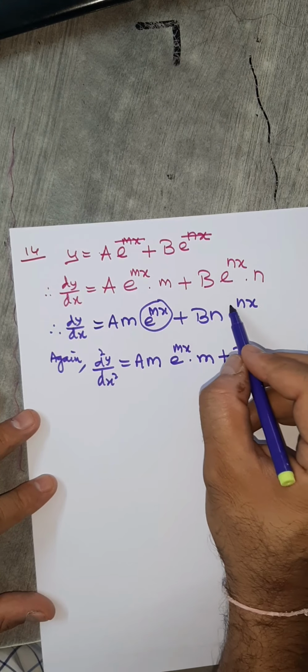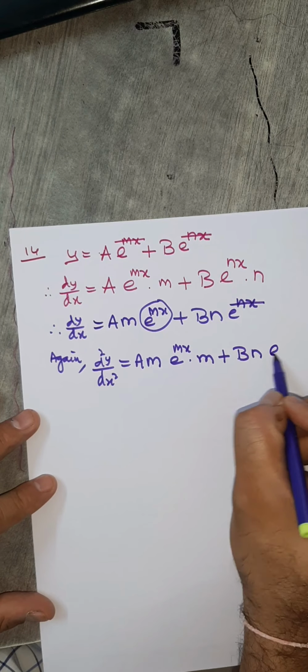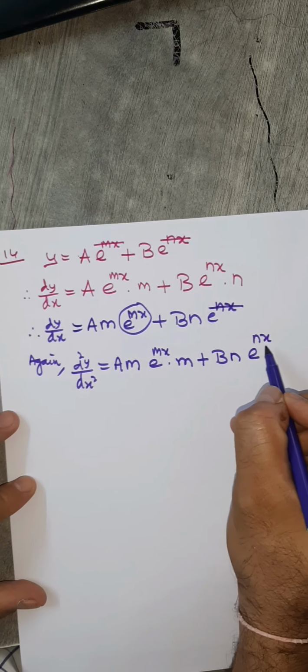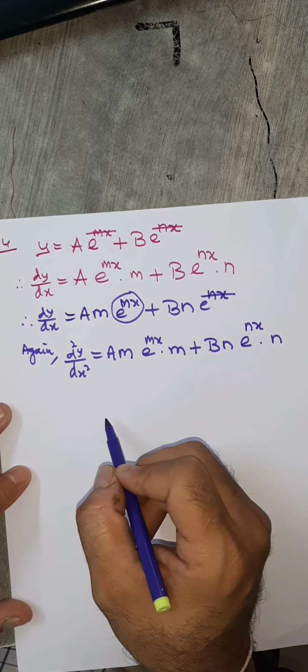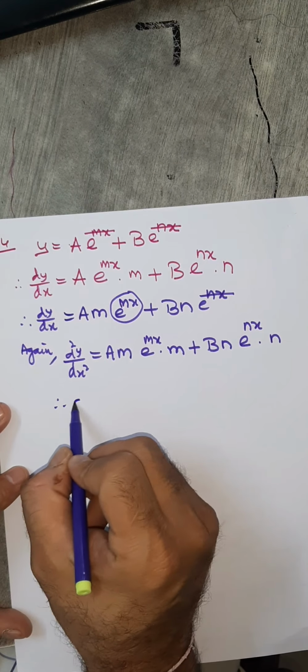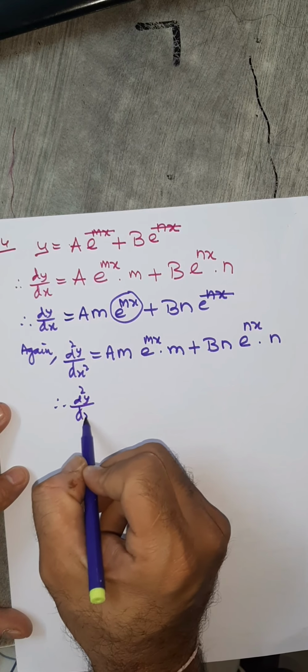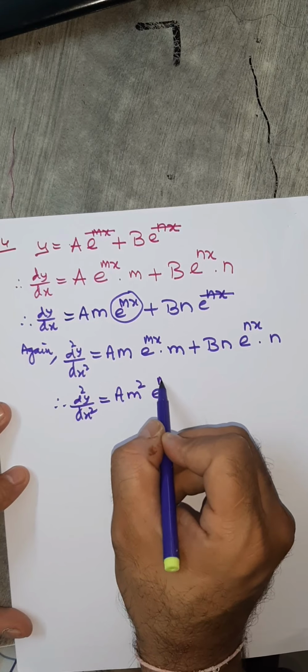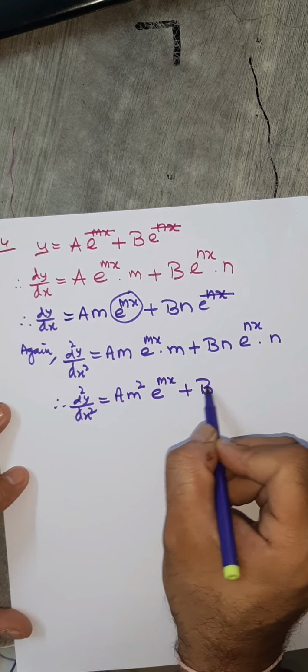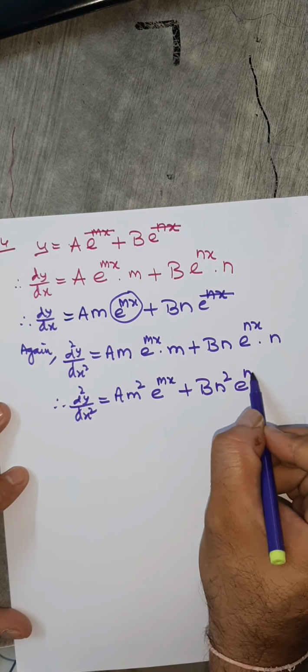What's the derivative of e raised to nx? Imagine this as x. So e raised to nx into, by chain rule, derivative of nx, which is n. All these things you know now. So therefore d square y by dx square equals a m square into e raised to mx plus b n square into e raised to nx.